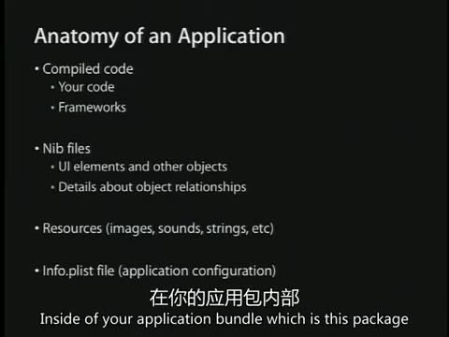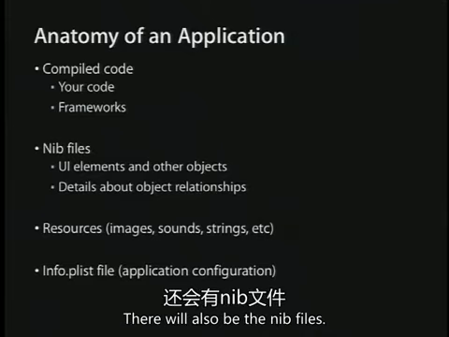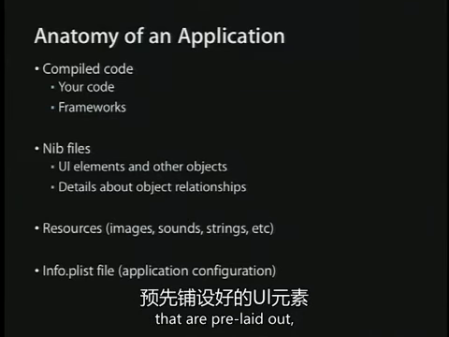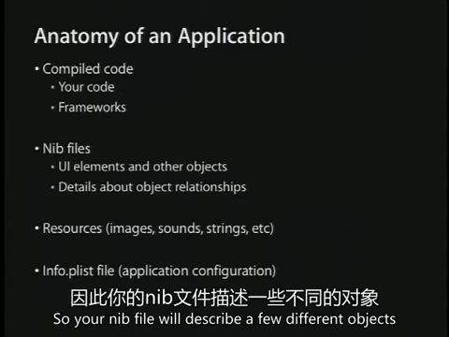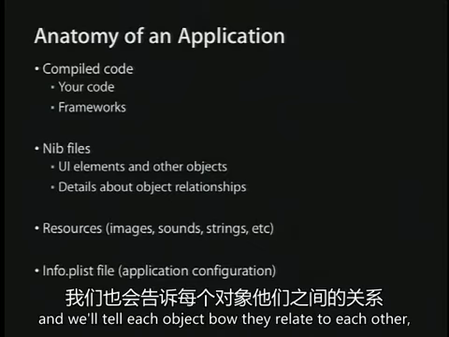Inside of your application bundle, which is this package that contains all the files necessary to run your application, there will also be the Nib files. The Nib files are the UI elements for your application that are pre-laid out, and details about the object relationships. So your Nib file will describe a few different objects and will tell each object how they relate to each other.